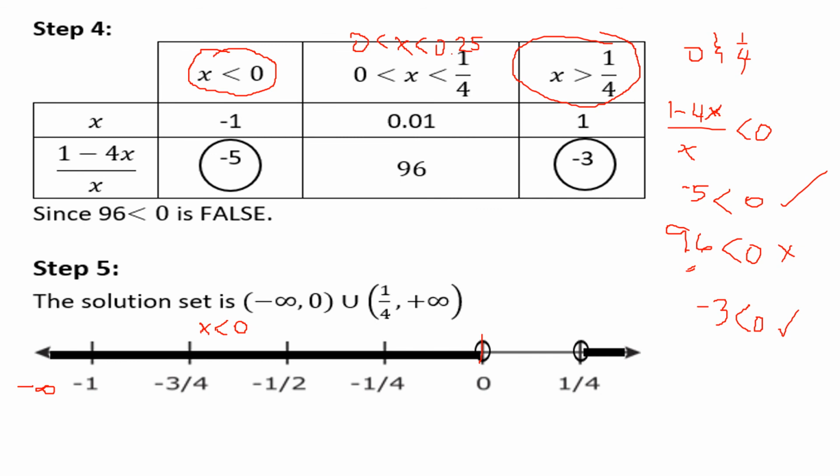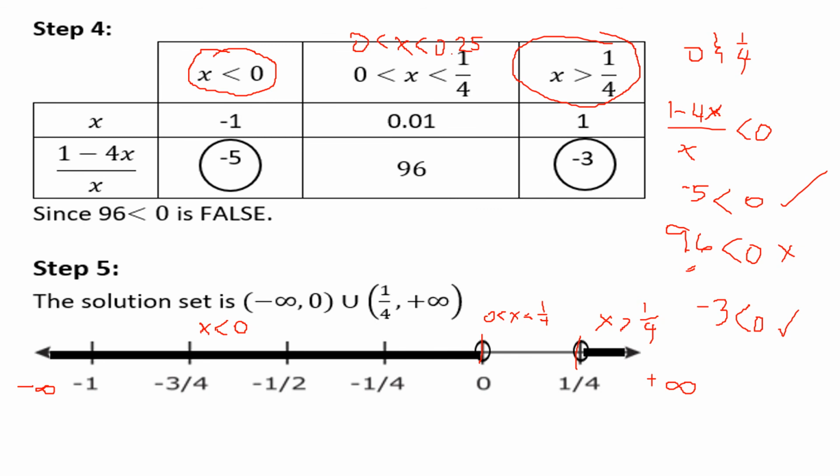And the interval where x is greater than 0 but less than 1/4 is this part of our number line. x greater than 1/4 is this part, from 1/4 until +infinity.